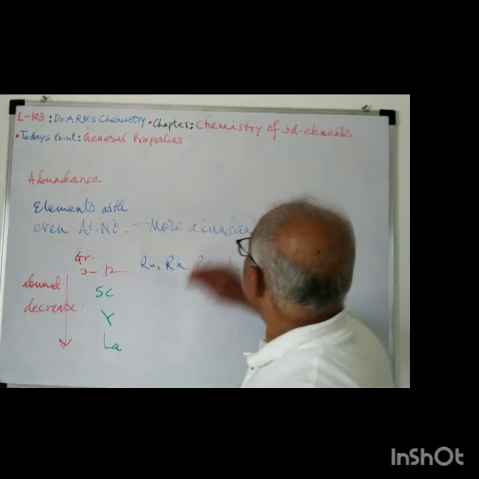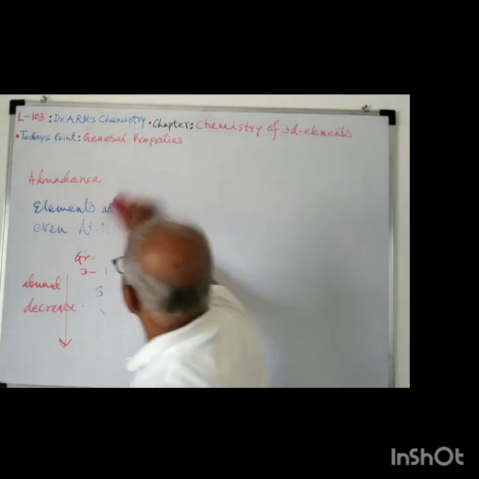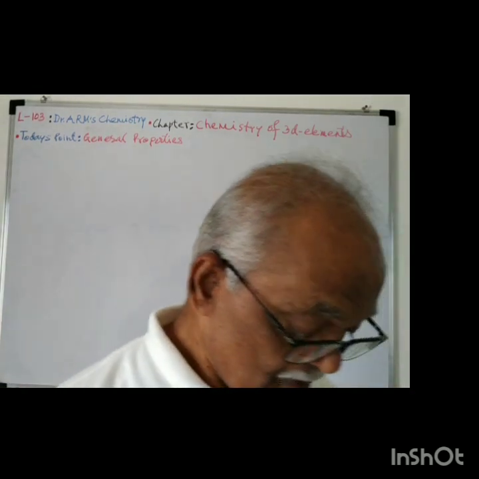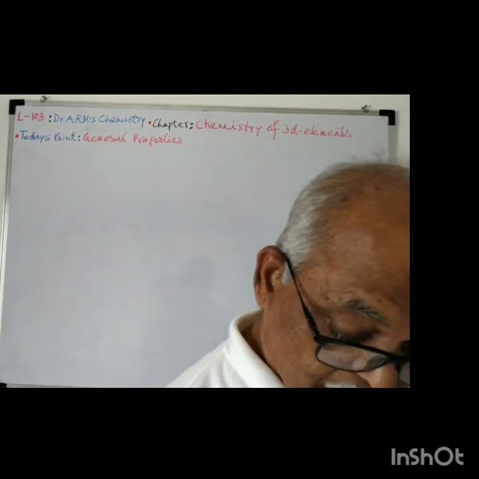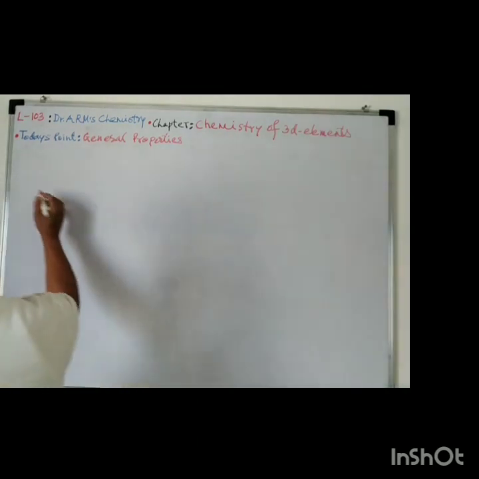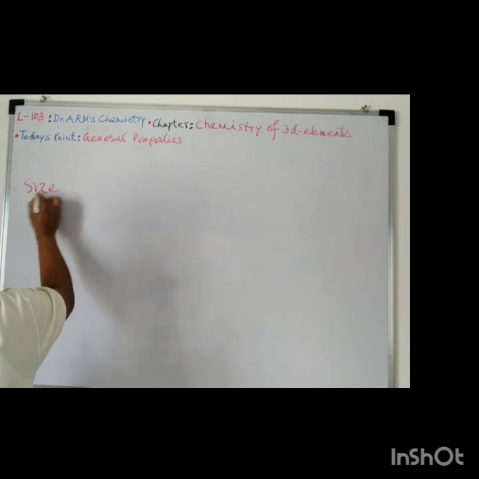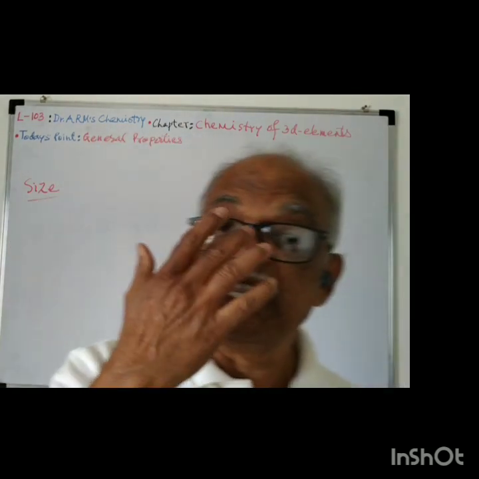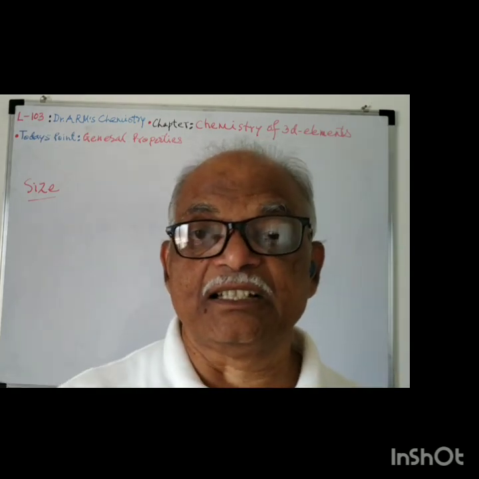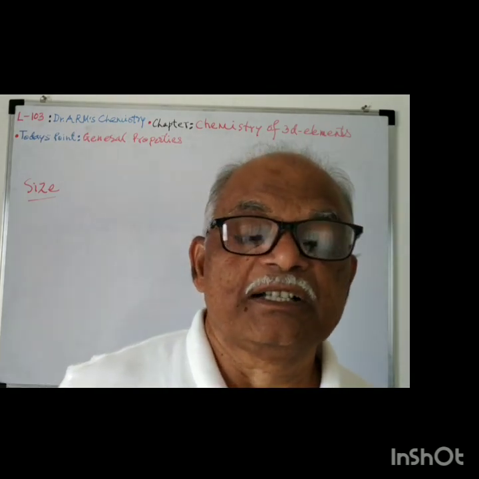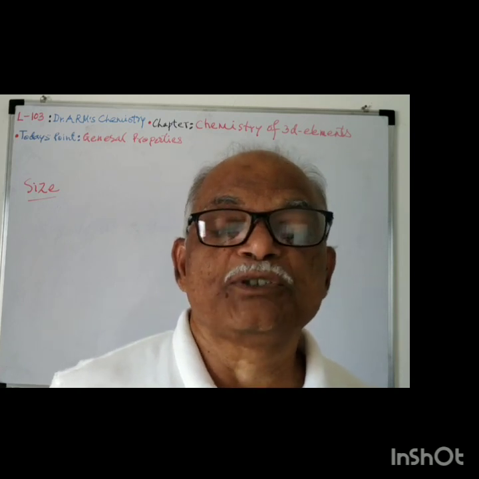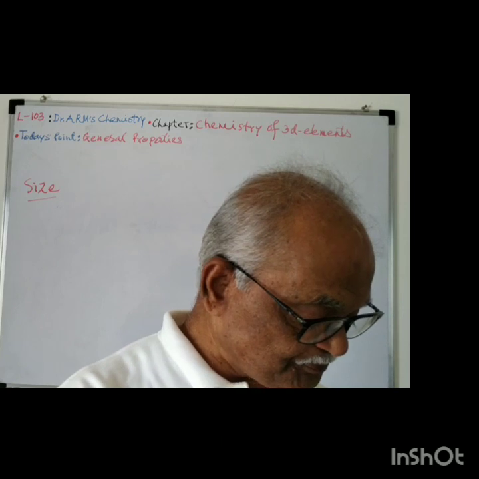Then the next point is size, the size of the atoms or ions. We consider the size of the atoms or ions as their covalent or ionic radii.